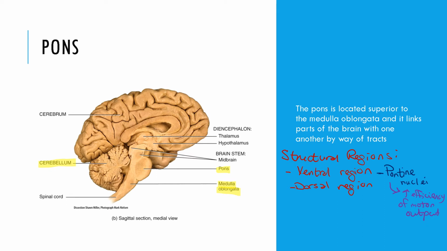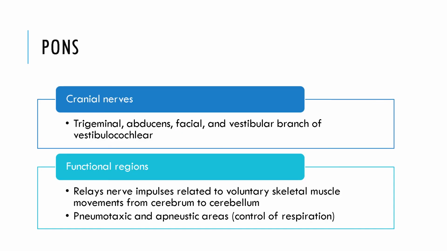Now, the dorsal region of the pons is more like the other regions of the brainstem, the medulla and the midbrain. It really contains ascending and descending tracts along with the nuclei of cranial nerves. Also within the pons, we have an area called the pontine respiratory group.